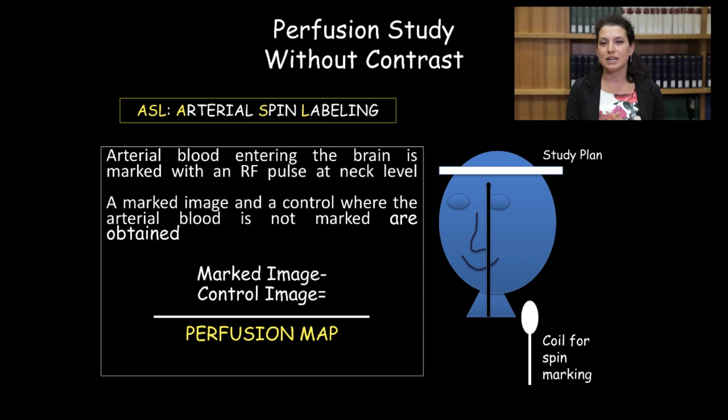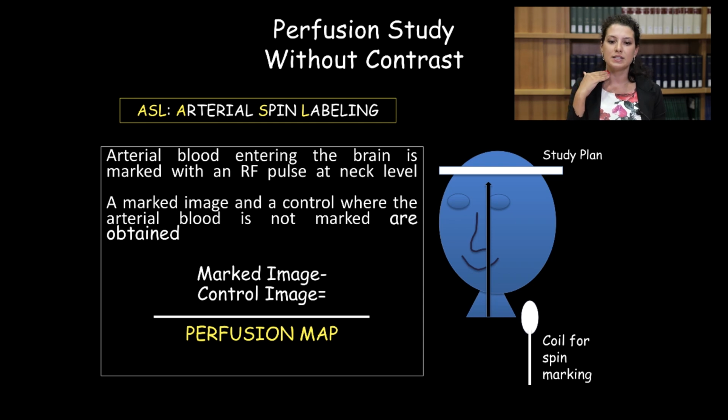Arterial spin labeling is, we can say, one of the most recent sequences, and is based on the evaluation of blood flow without any contrast. The idea is that thanks to a coil at the level of the neck of our patient, we send a radiofrequency pulse.